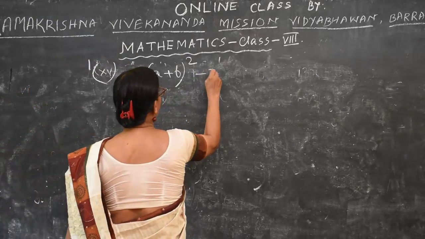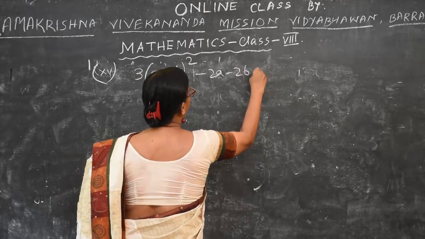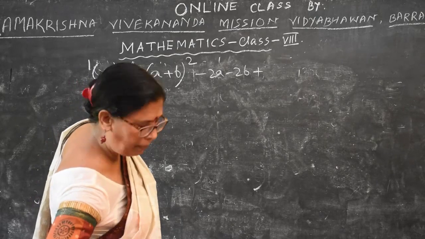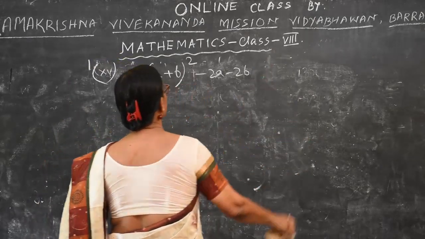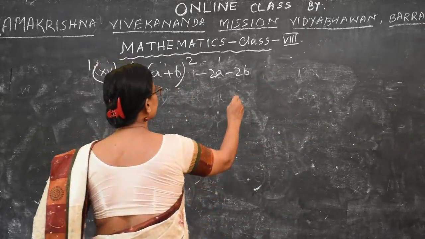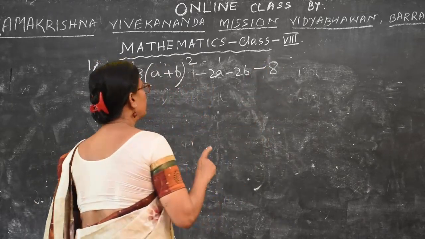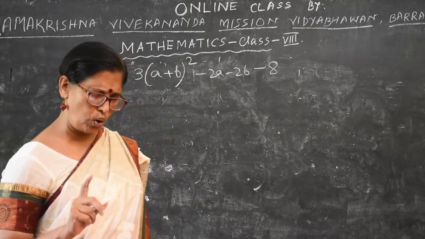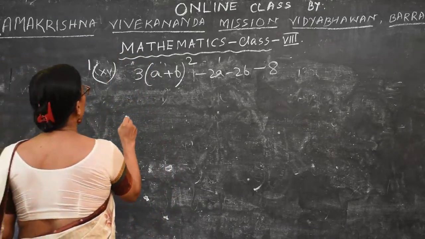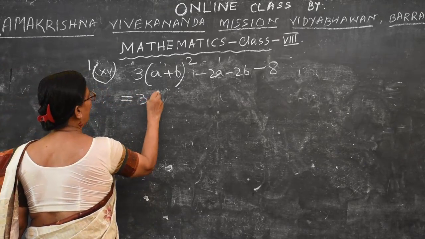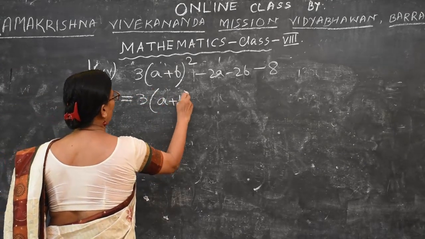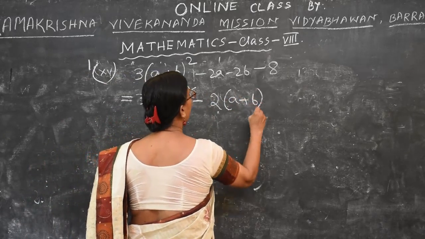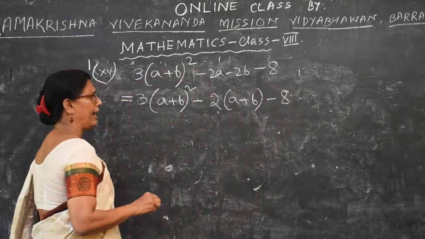Minus 2a minus 2b... no, sorry, minus a, not plus. So 3 into a plus b whole square minus 2 of a minus b. So now we rearrange this line: 3 into a plus b whole square minus 2 into a plus b minus 8.